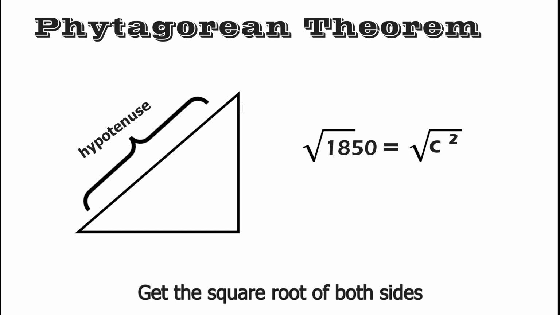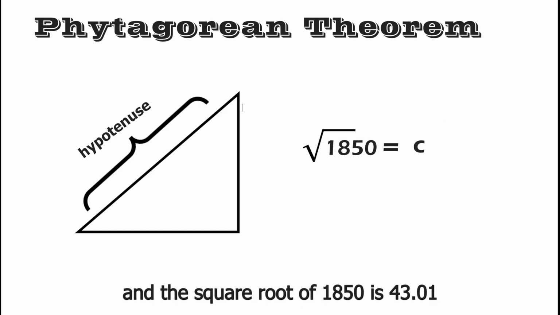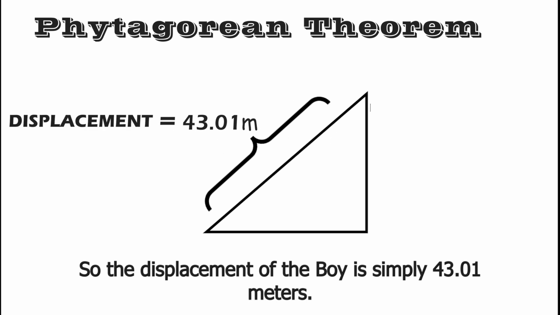Get the square root of both sides to cancel the squared in c, and the square root of 1850 is 43.01. So the displacement of the boy is simply 43.01 meters.